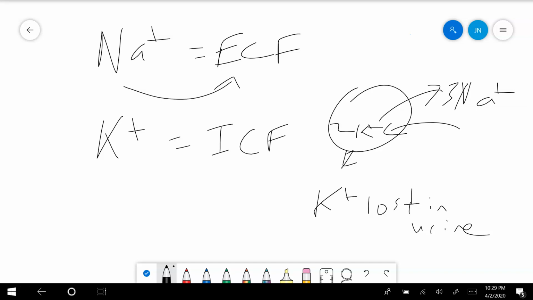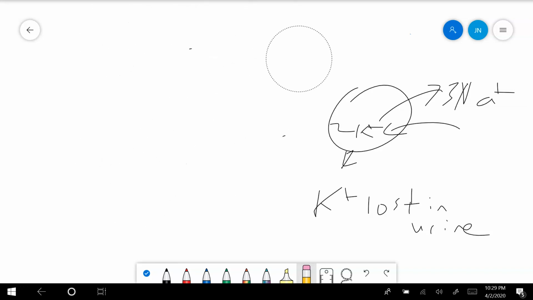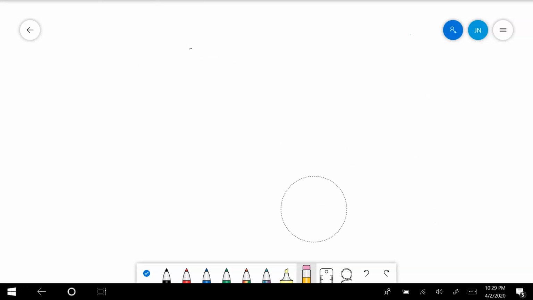Potassium imbalances are different because potassium imbalances are always a medical emergency. They are life-threatening very quickly. Potassium is involved in setting resting membrane potential of the cells. Too much potassium in the blood is hyperkalemia.